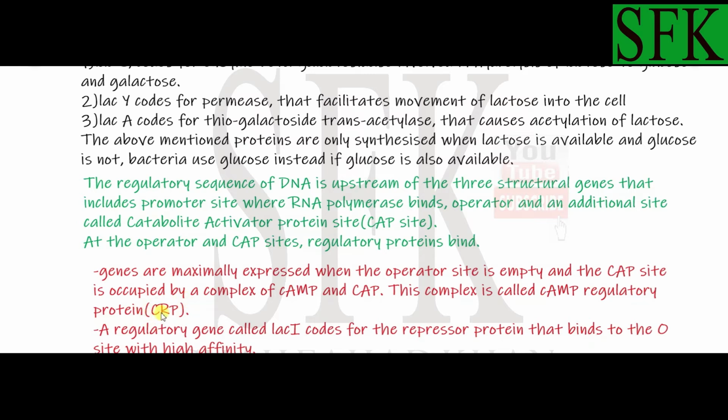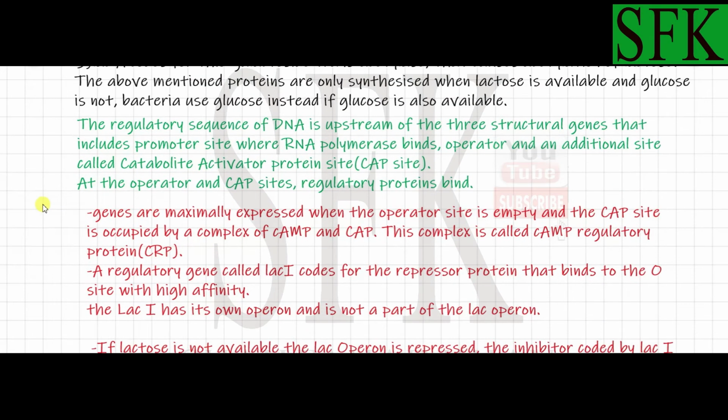Now this complex goes and binds at the cap site, and if this complex is bound at the cap site and the operator region is empty, only in that condition will the RNA polymerase be permitted to initiate transcription. So now let's go into a bit more detail.